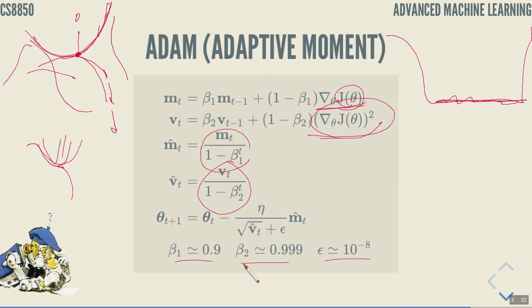But if you enforce the gradient to continue by dividing, by normalizing, even if in most of the dimensions of theta the gradient is zero, in those few where it is not zero, you will keep making progress.